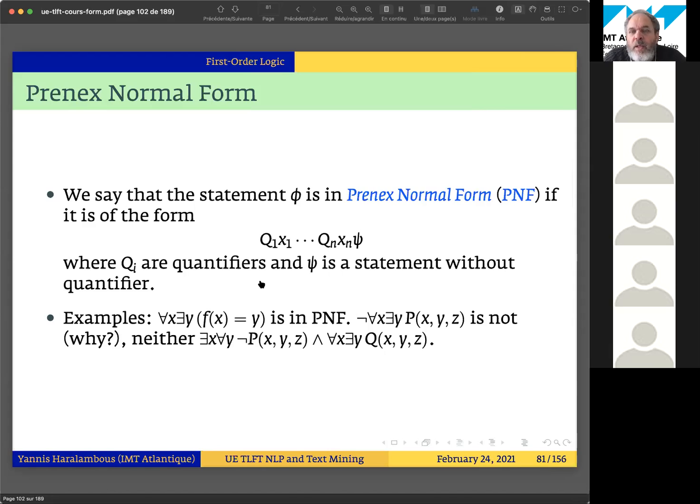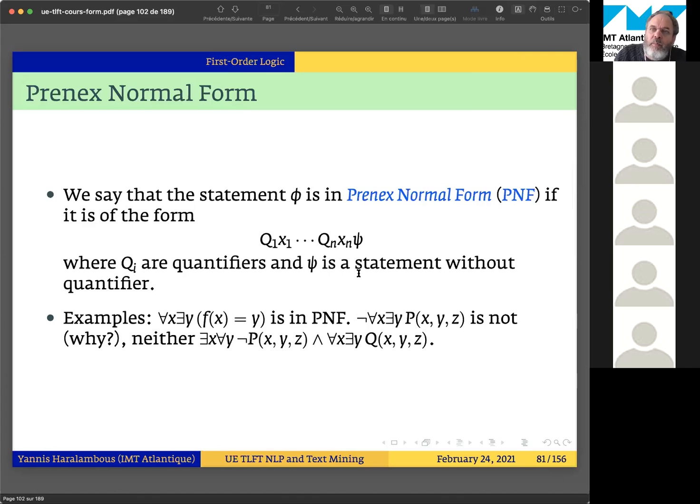The first way of simplifying formulas is writing them in Prenex normal form. Prenex normal form means that all quantifiers are at the beginning of the formula. So take any formula, and there is a way to push all the quantifiers to the beginning of the formula while keeping equivalence.